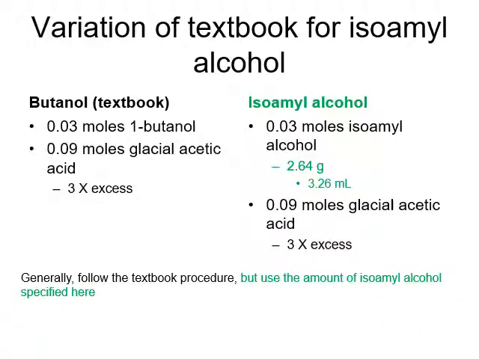So the variation, in the textbook they use butanol, but we're using isoamyl alcohol or the isopentyl form, and we also are changing the values of it. We generally follow the textbook procedure, but we use the amount that is shown here.